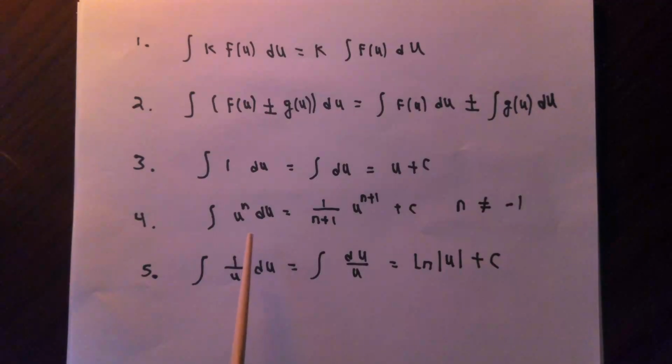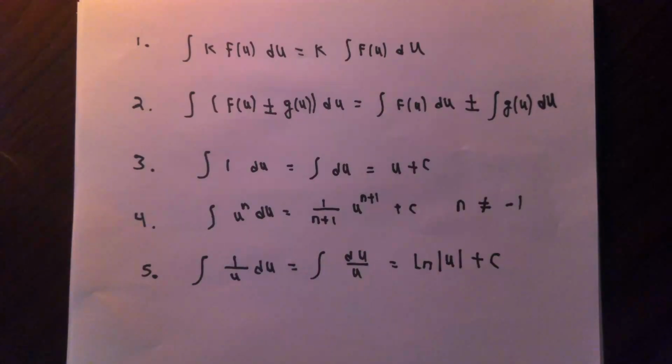The antiderivative of the variable to a constant power with respect to the variable is: you increase the power by 1, and then you have a factor that is the reciprocal of the new power.